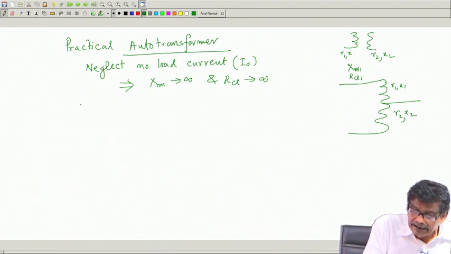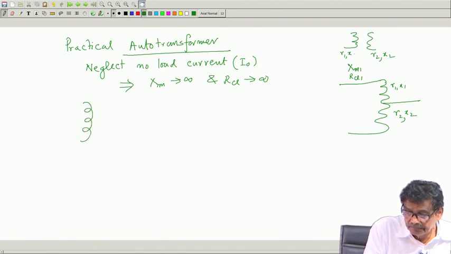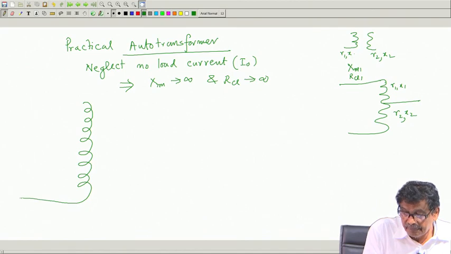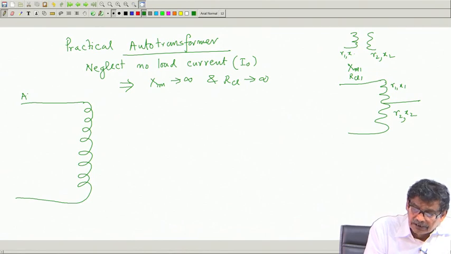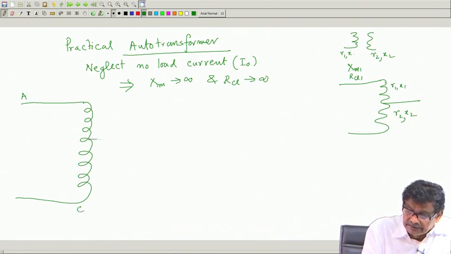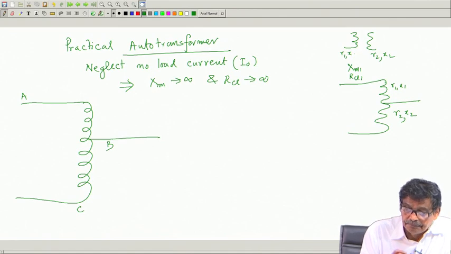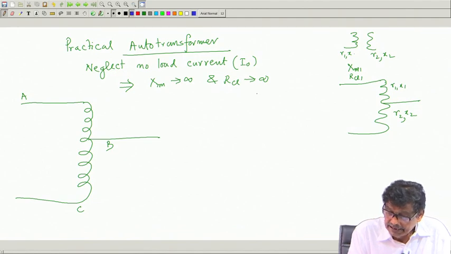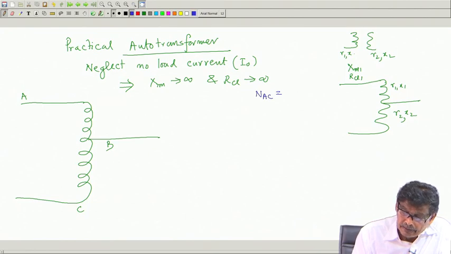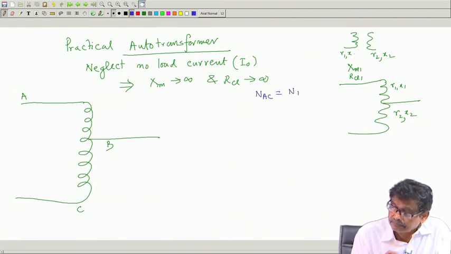Now, I will first draw as usual this is my transformer and I use this nomenclature A C and this is B C. And I will say that N A C is equal to N 1 and N B C is equal to N 2.